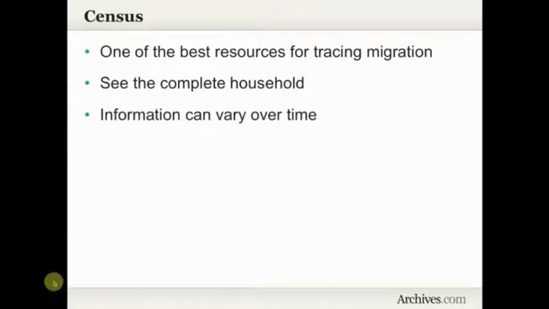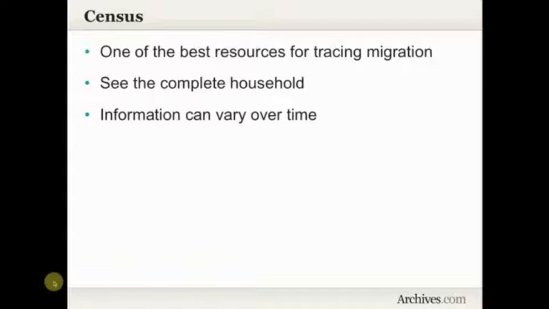And it's also important to remember that with the census, information can vary over time. Now, that's because of two things. First, the questions that were asked changed from census year to census year. And another thing to keep in mind is that you never know exactly who gave the information to the census taker.